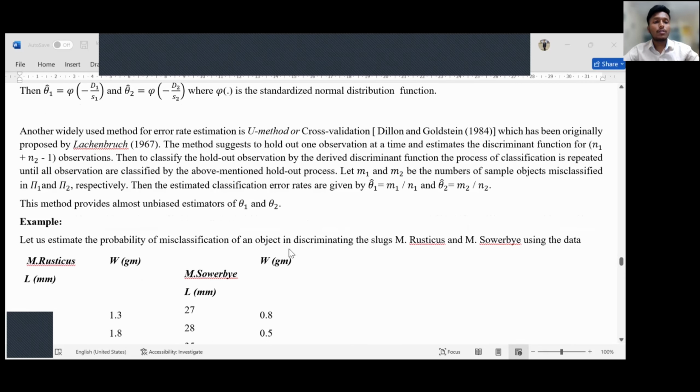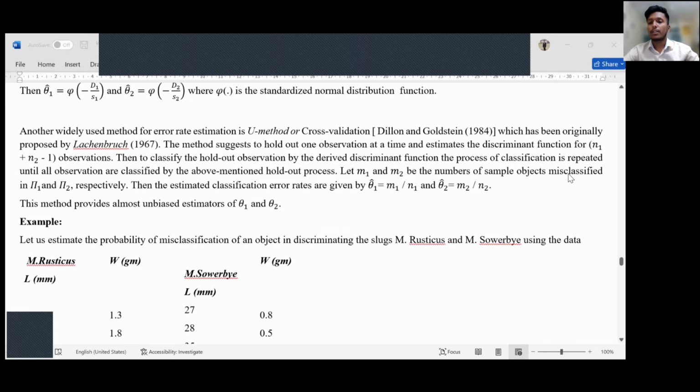Another widely used method for error rate estimation is the U method, or cross validation. Dillon and Goldstein 1984 describe it, which was originally proposed by Lachenbruch 1967. The method suggests holding out one observation at a time to estimate the discriminant function from the remaining n1 plus n2 minus 1 observations, then classifying the holdout observation by the derived discriminant function.